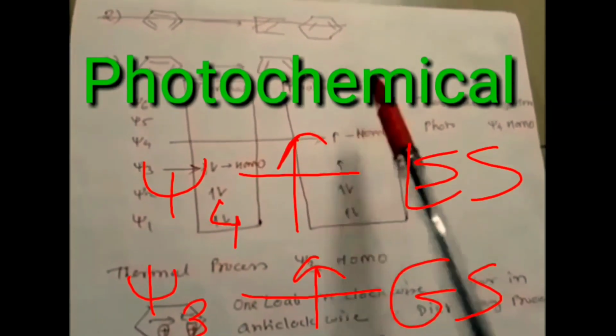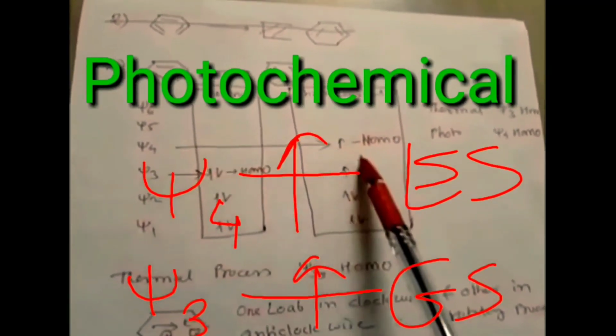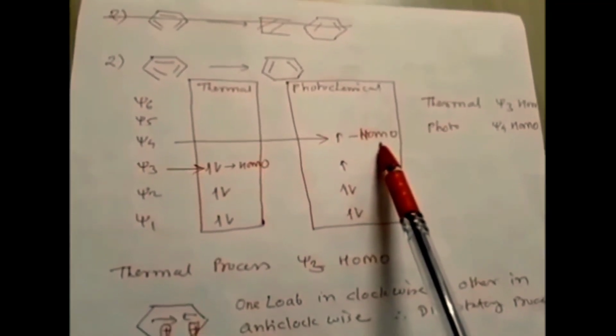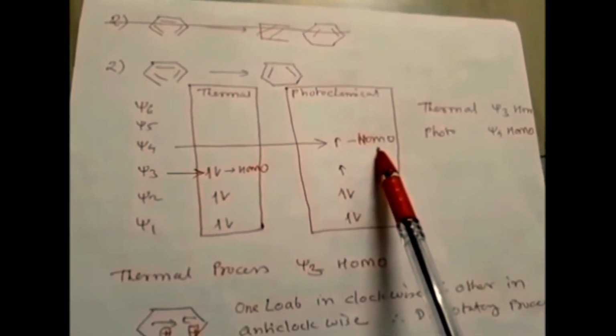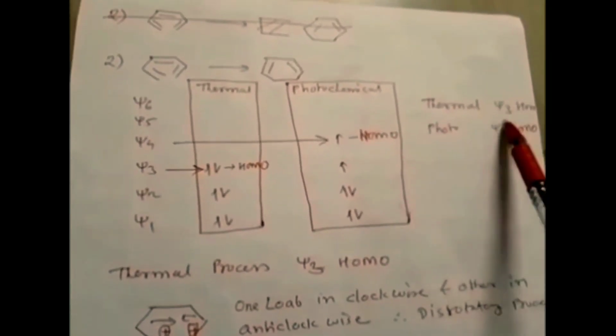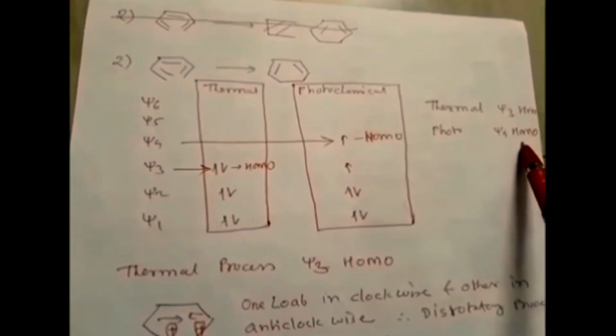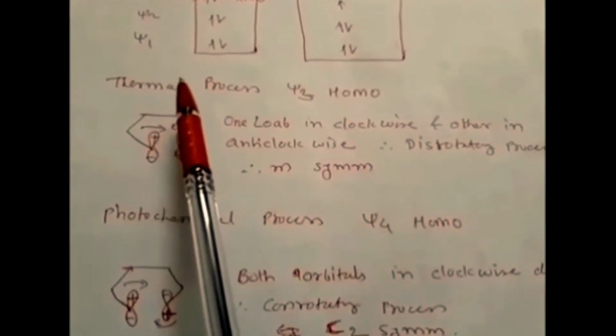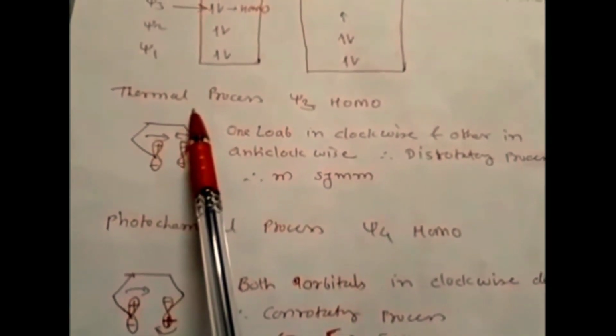So in case of photochemical process, Psi4 is HOMO, that is highest occupied molecular orbital. In this way, in case of thermal reaction, Psi3 is HOMO, and in case of photochemical reaction, Psi4 is HOMO. Now, the thermal process is a disrotatory process, as the conclusion drawn by the correlation diagram method.